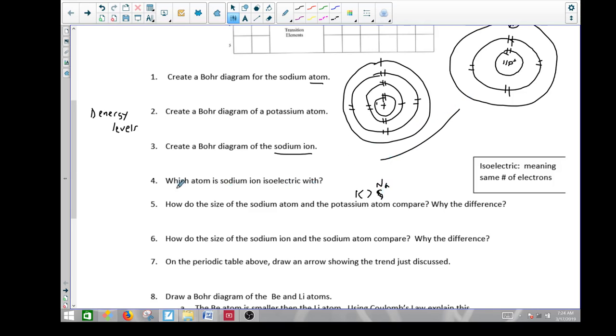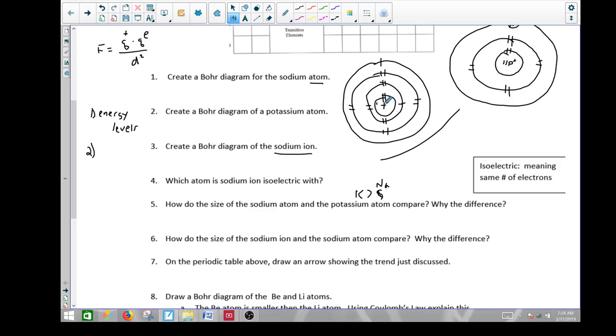Now, the next thing I look at, number 2, is Coulomb's law, and we really want to use Coulomb's law to answer this question. Force is equal to the charge of the nucleus times the charge of an individual electron divided by the distance squared.